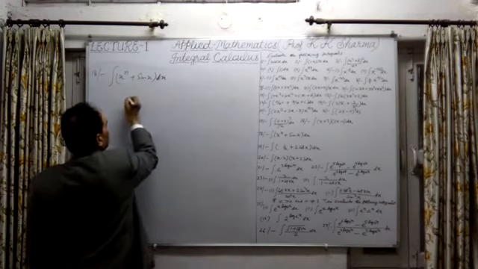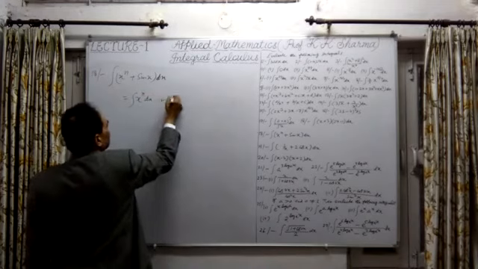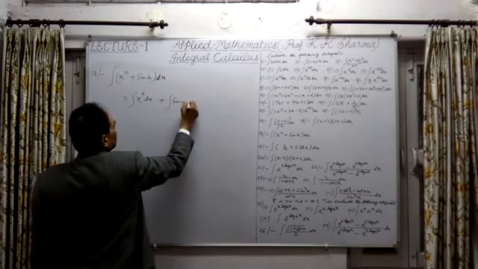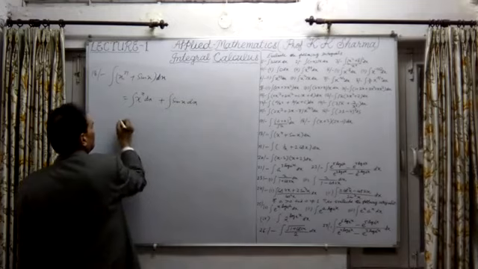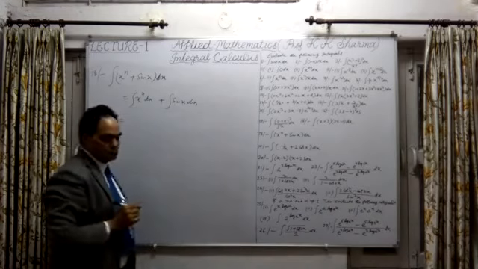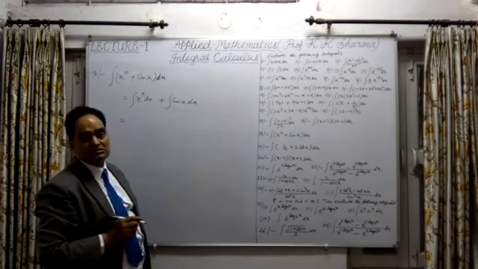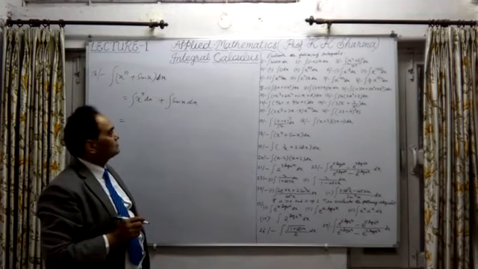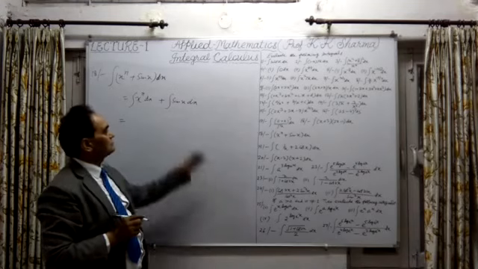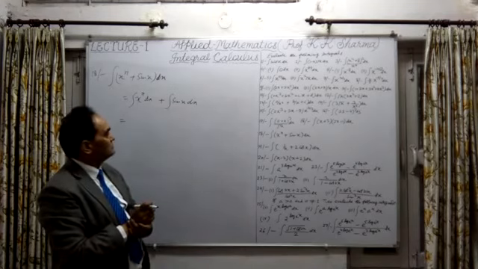It can be written as the integration of x to the power n into dx, plus the integration of sin x into dx. We know that the derivative of cos x is minus sin x. So therefore sin x integration is minus cos x here.